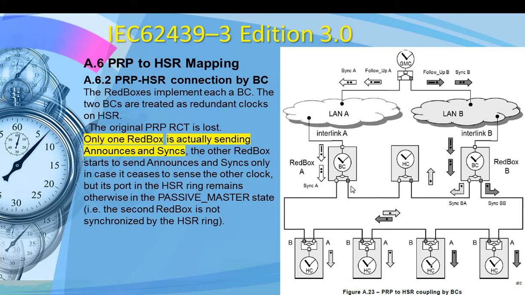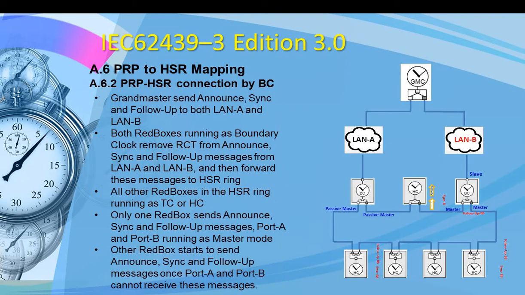The port A and port B in the passive status means the second RedBox is not synchronized by the HSR ring. This is based on the standard.